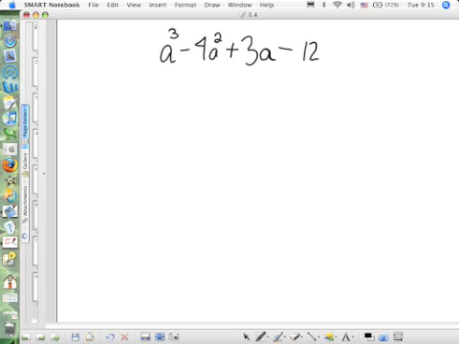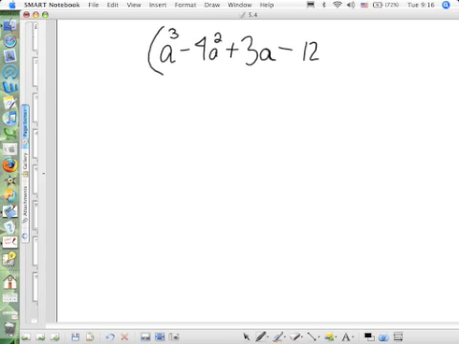The first 3 have something in common, right? The last 2 have something in common. But all 4 of them at the same time don't have something in common, do they? In this introduction, we are going to group these things together with the goal that when we factor something out of our groups, we will end up with a same expression. And you're going to see what I'm talking about.